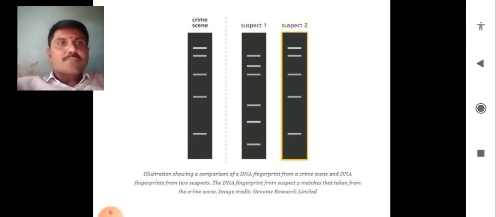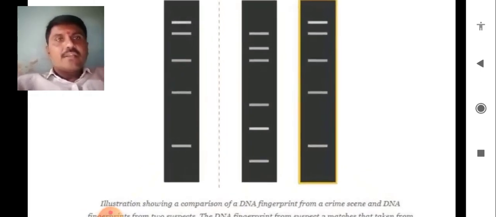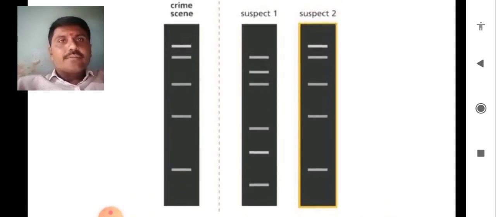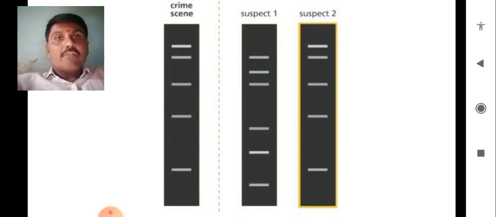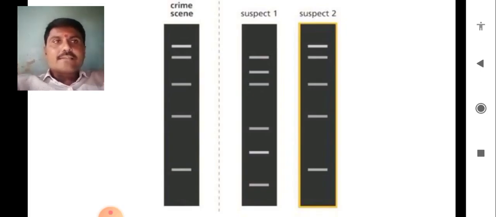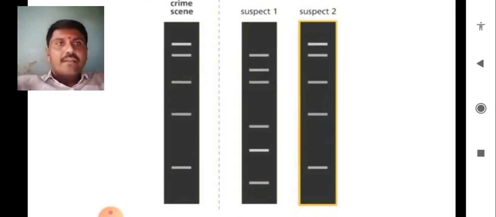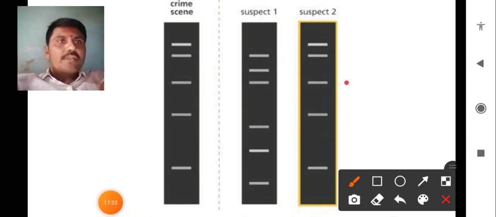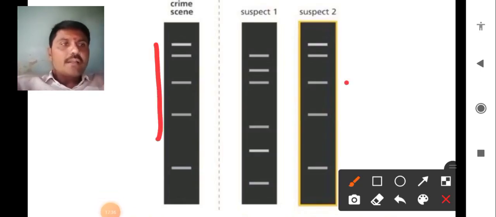Obviously suspect 2 matches the crime scene DNA pattern. Look at this pattern, we can easily identify it. There are two sequences at equal positions, keeping an equal distance. Then there are again two, showing different variations in distance, and the last one is one. Look at this one, completely different, it doesn't match in any way. So suspect 2 is matching with the crime scene.